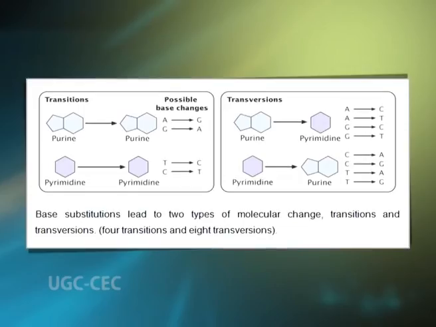In transitional substitution, one kind of purine is replaced by another kind, that is, A is replaced by G or vice versa. But in a transversional substitution, a purine base is replaced by a pyrimidine base or vice versa. Thus, in transitional substitution, the purine-pyrimidine orientation is preserved, but in transversional substitution, it is reversed.